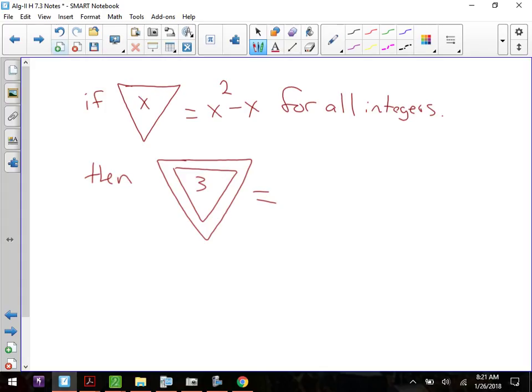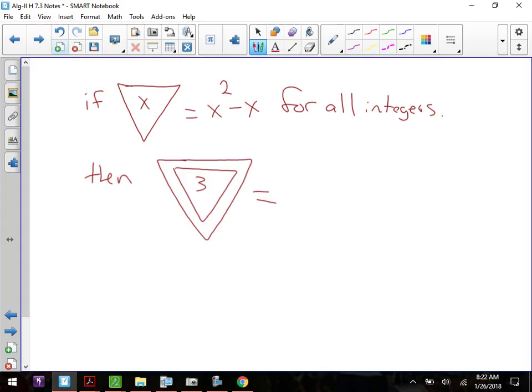This is a different way of writing out function notation. Now that you know the idea of what function notation looks like, as f of x equals x squared minus x for all integers, how would you say the next one?